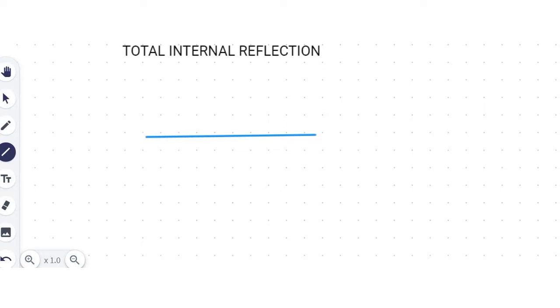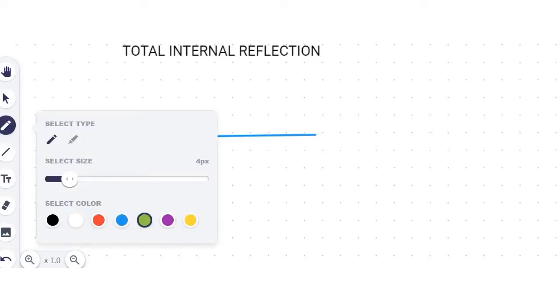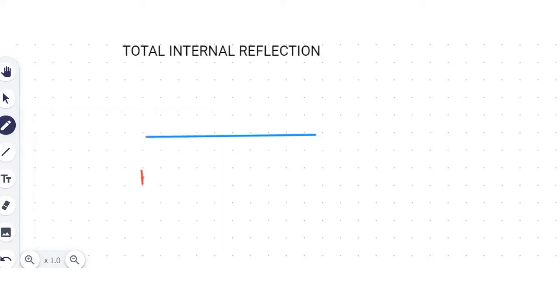The refractive index of core is n1, and this is the core region and this is the cladding region. Refractive index of cladding is n2, and the light ray is traveling from core to cladding.